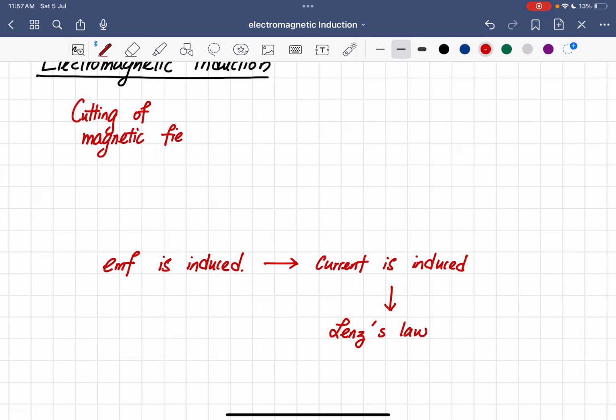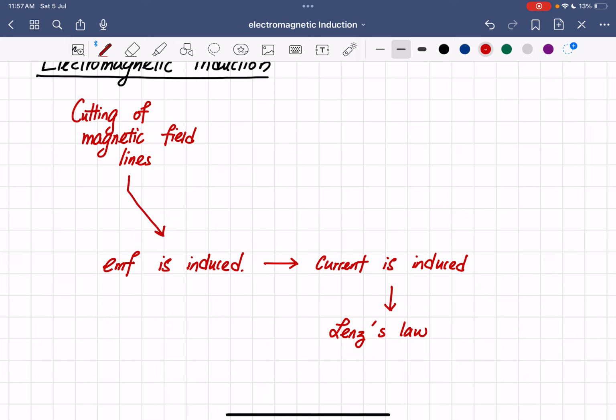This can happen by having a moving conductor in a magnetic field, or a moving magnet in the neighborhood of a conducting wire. So we need some motion so that there is a cutting of magnetic field lines.